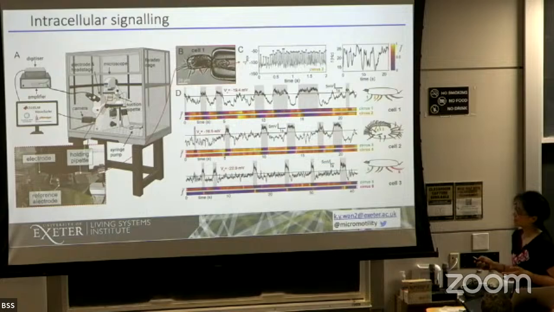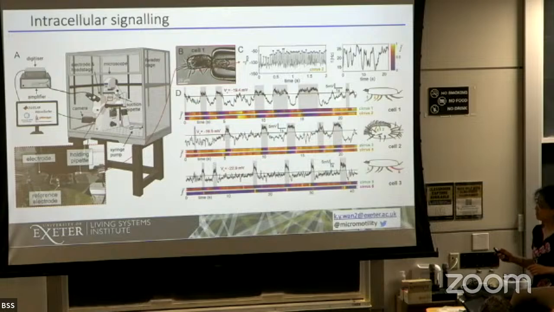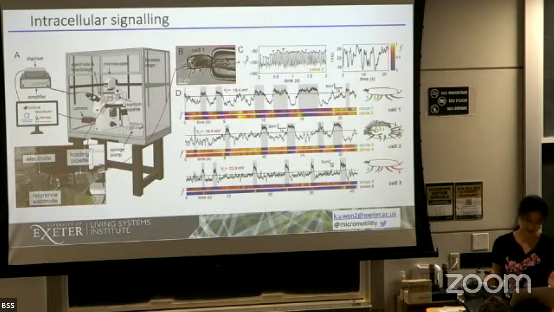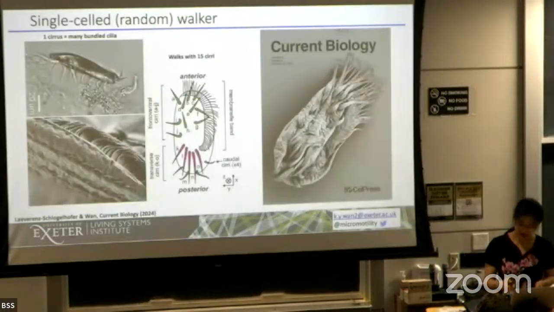And then you can measure the changes in the dynamics of the individual cirri over time, but at the same time, you can record its membrane potential activity. And so you have to familiarize yourself with the number of appendages that it has, and also the identity of these appendages. So maybe I'll just go back to the drawing again.